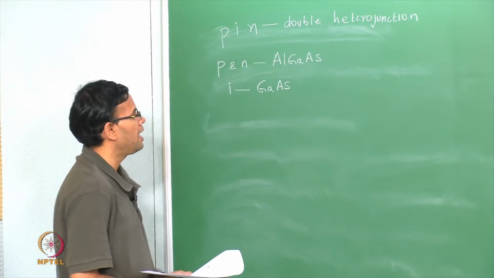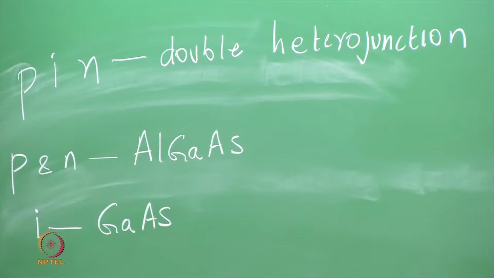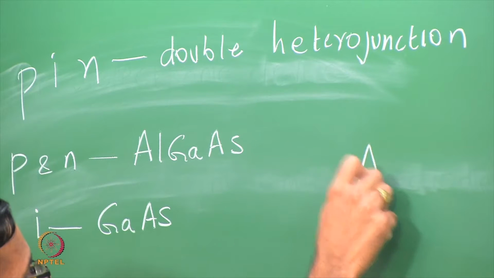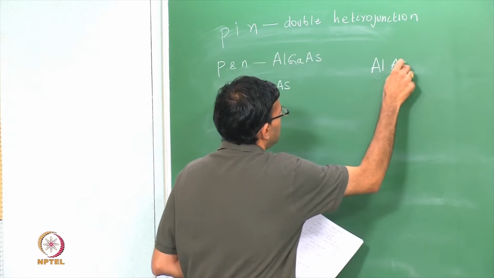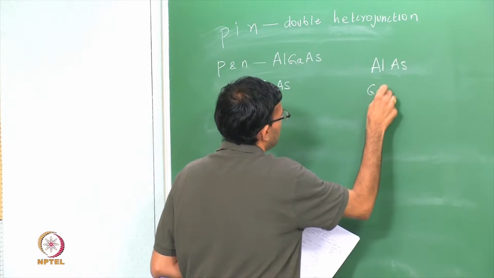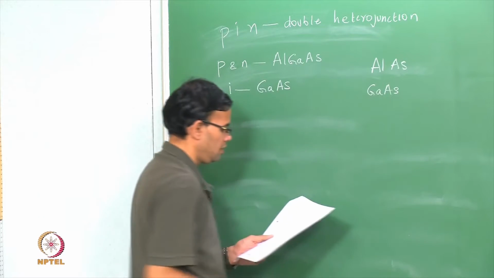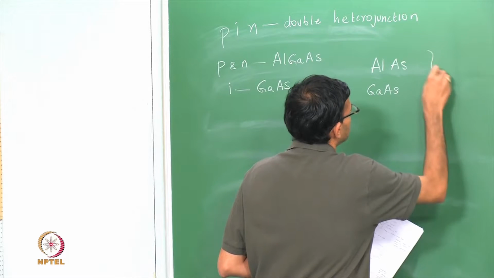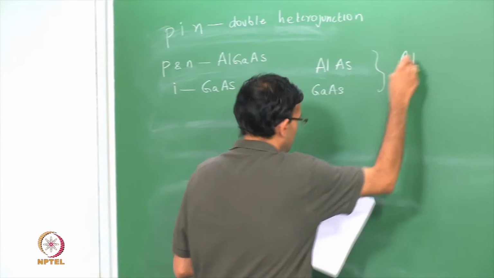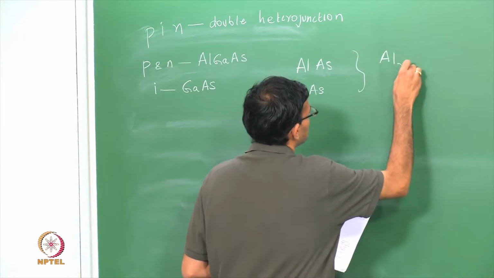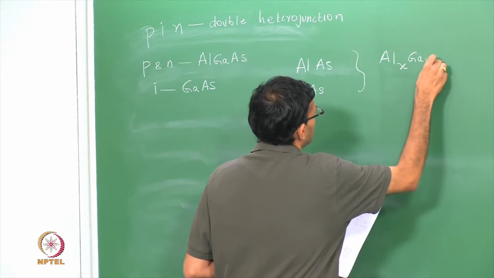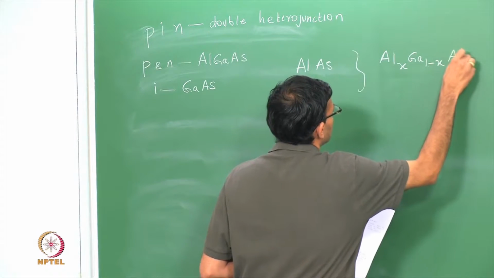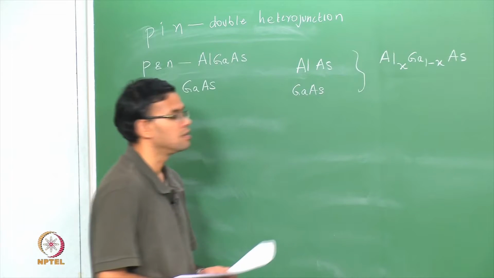Now, aluminum gallium arsenide is actually composed of aluminum arsenide and gallium arsenide. Its formula is usually given as AlxGa1-xAs.